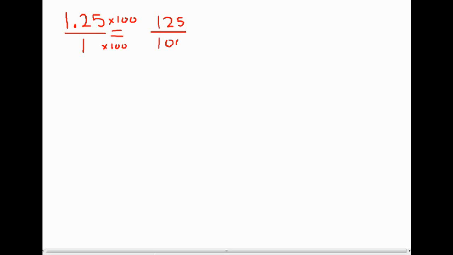Now there's a couple of issues with this fraction. It's not in simplest form, and it's an improper fraction. I'm going to start with the fact that it's an improper fraction and make it into a mixed number. So when I do 125 divided by 100, and I'm not changing it to a decimal, but a mixed number, I get 1 whole, and my remainder is 25. The denominator stays the same. Now that fraction 25 over 100 can be reduced.